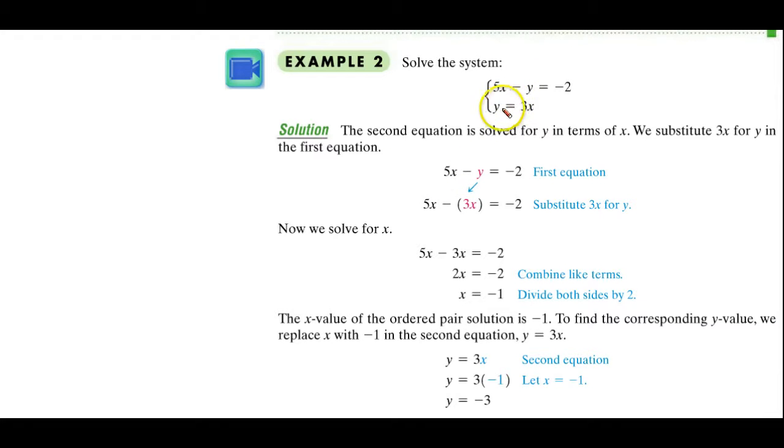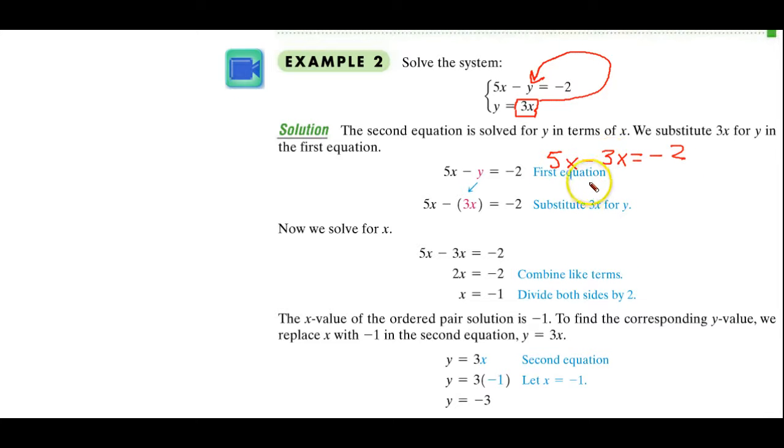Now, here we see y now has been solved. Y is, they're saying, 3x. So we're going to take this 3x and put it in the other equation where the y is. So we now get 5x minus, now this is critical, your y is 3x equals negative 2.